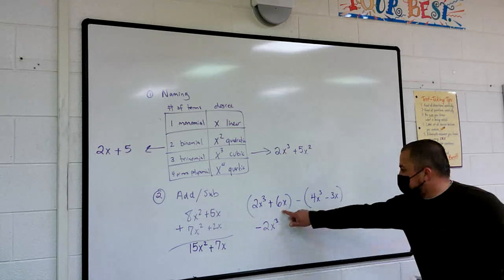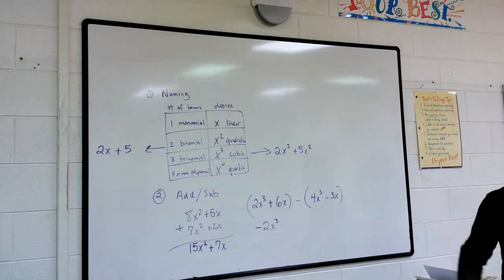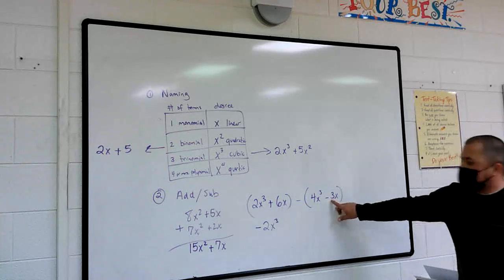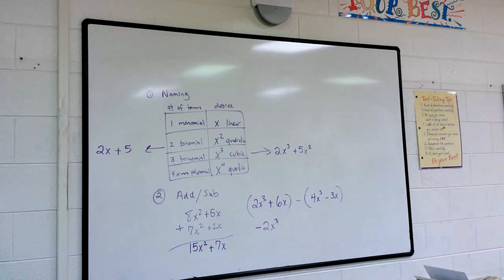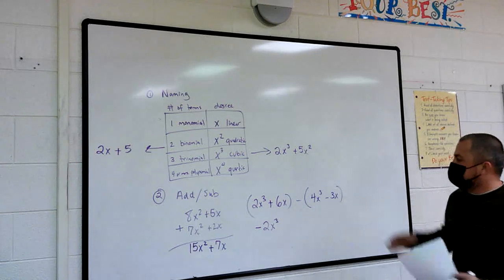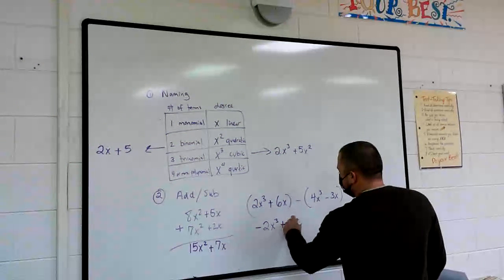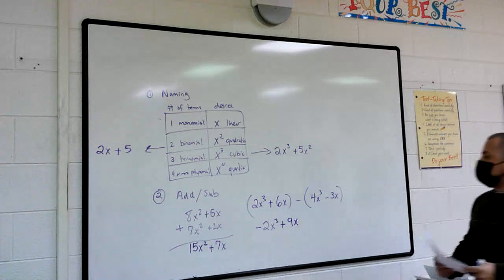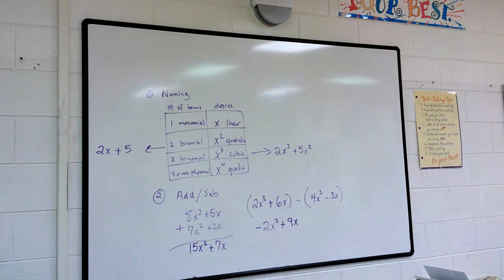And then 6 minus negative 3. Some people look at that and they say 6, and they see negative 3, and they think it's 3. But it's not. You add it, because it's 6 minus negative 3. That would be 9x. So you have to read it with the middle sign and then whatever sign is in front of the actual number.